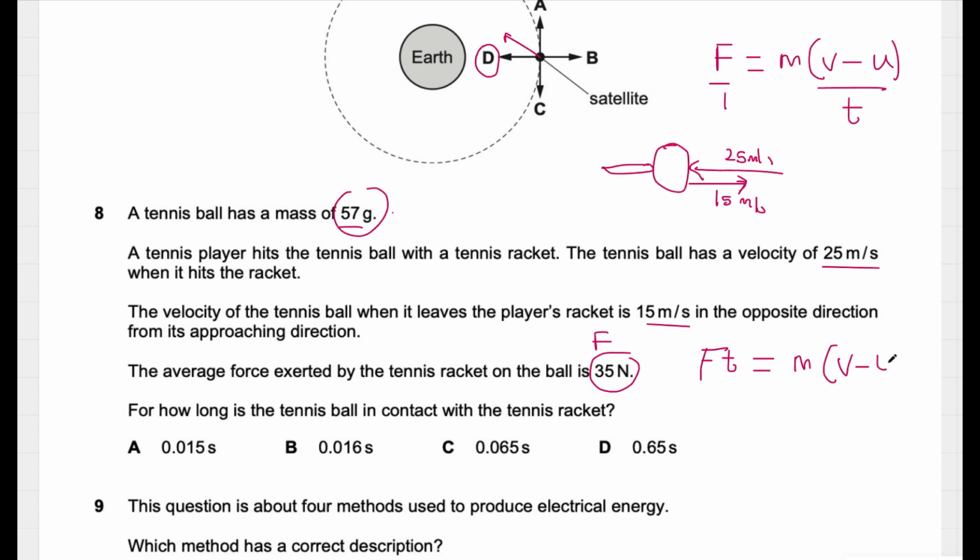The change of momentum is mv minus mu, equal to impulse. Since they ask for how long, we make time the subject: t equals m(v minus u) over F.